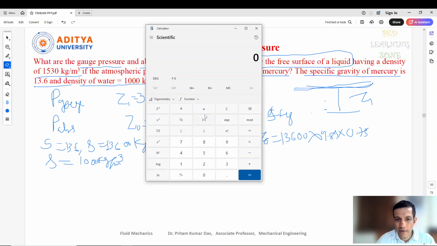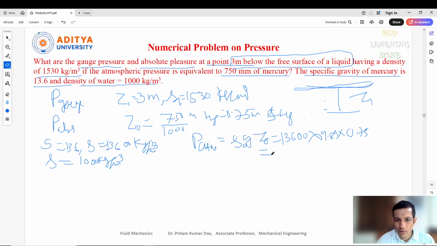If you calculate this, we get about 1,62,000 Newton per meter square. So this is the P atmospheric value.